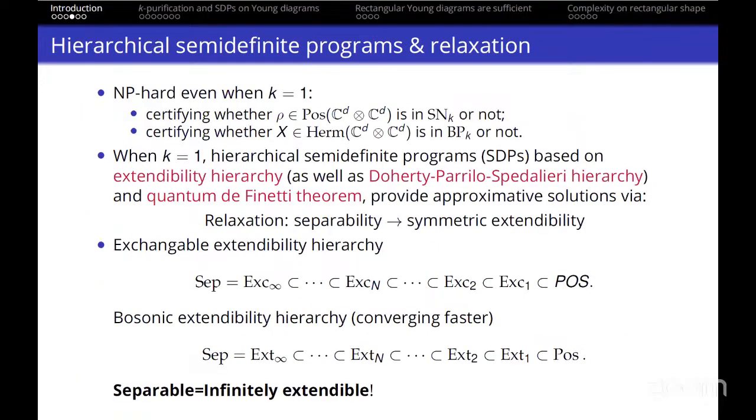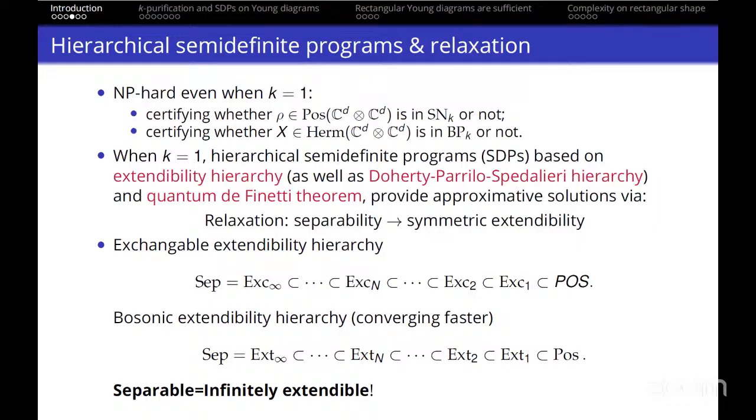And now, we are going to have two NP-hard problems. One is the statistical testing or certifying of any state, whether it's a Schmidt number K state, or whether a Hermitian operator is a K-block positive operator.